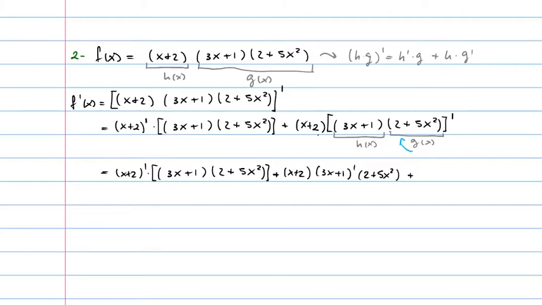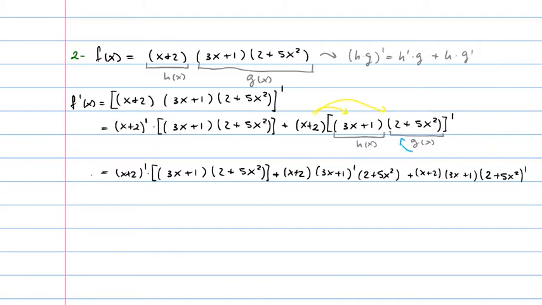Now plus, and because we use the distributive law here, we have again x plus 2 times the first one without differentiating, 3x plus 1 times the second function with the derivative, so 2 plus 5x squared derivative.